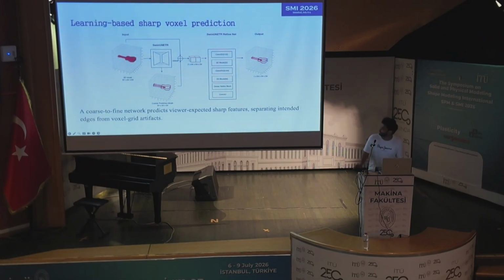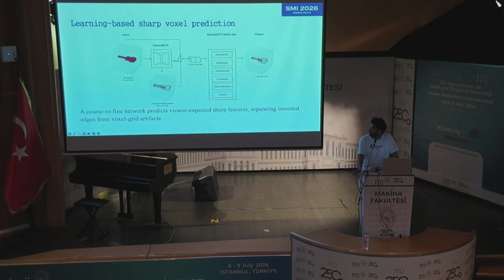In the learning step, we use a SwinUNetR based transformer network to create a coarse probability mask, followed by a custom made refinement module which focuses on local details. This outputs a 64 cube probability map.